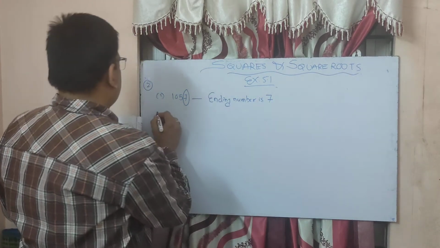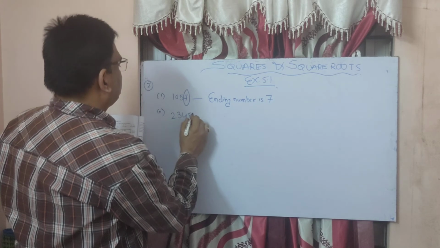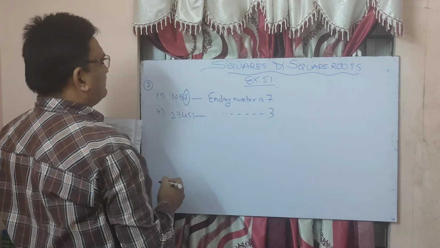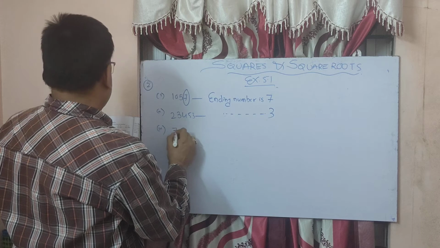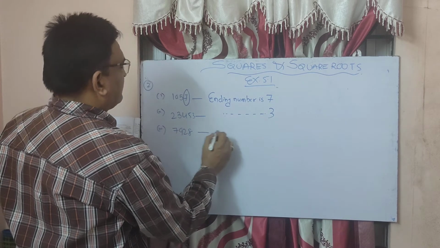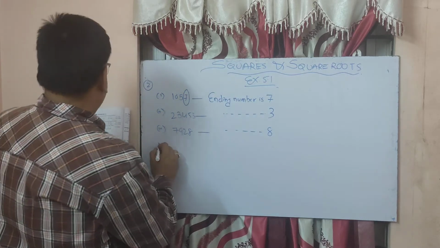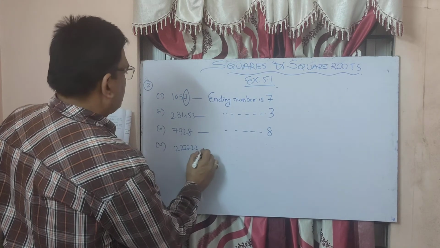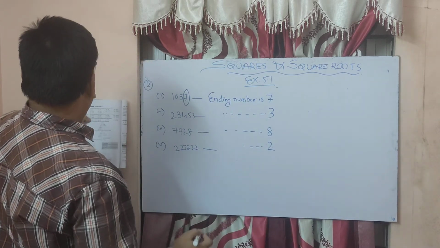Second number, 23453. Ending number is 3, so it cannot be a perfect square. Third one, 7928. Ending number 8. It cannot be a perfect square. 22222. Ending number 2, cannot be a perfect square.